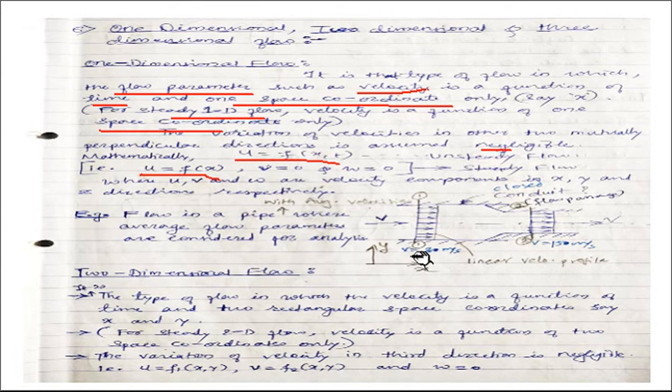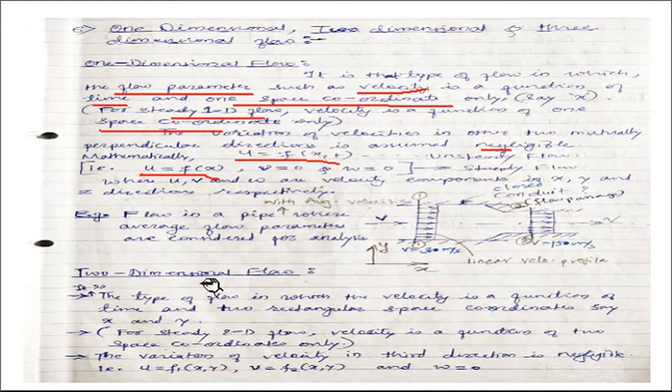At section 1-1, the velocity magnitude is 30 meters per second and it is average, so with respect to y the velocity is not varying at section 1-1. At section 2-2, the velocity magnitude is, suppose, 150 meters per second. So with respect to the x direction, the velocity has changed from section 1-1 to section 2-2. But at section 2-2, along the y direction, velocity is not changing. It is taken as average. This is an example of a 1D flow, one-dimensional flow.